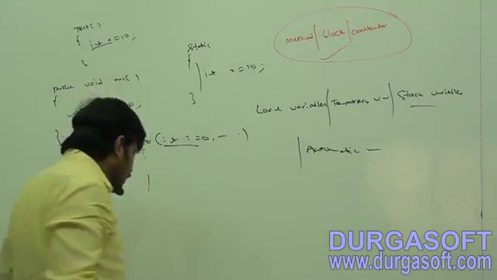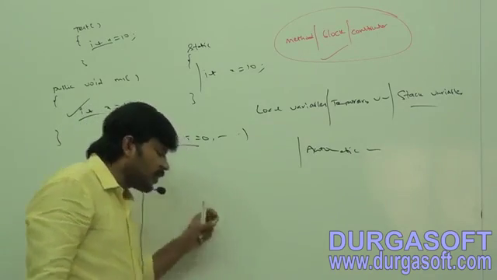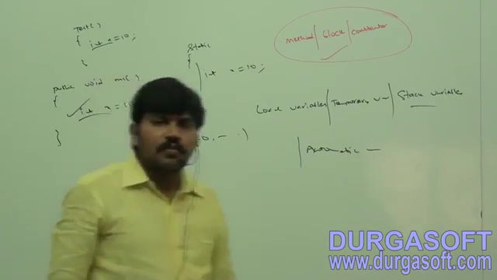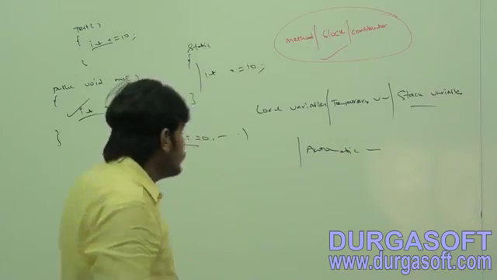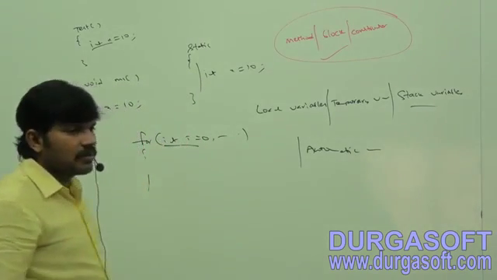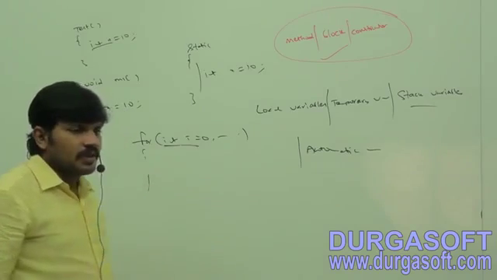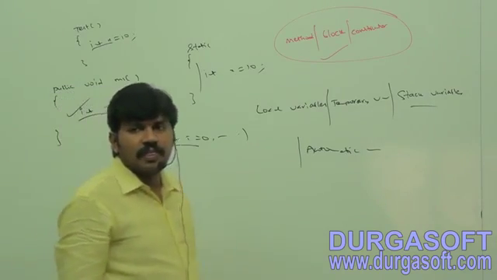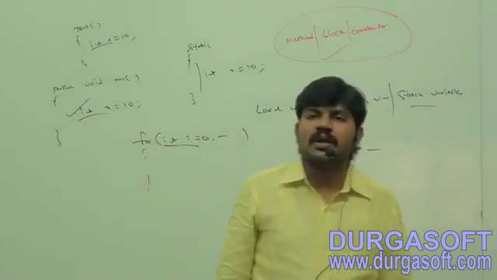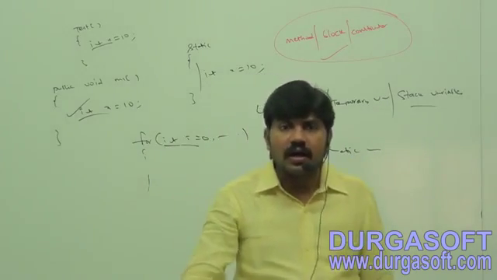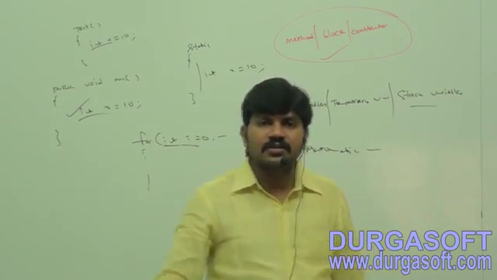Such types of variables are called local variables or temporary variables.